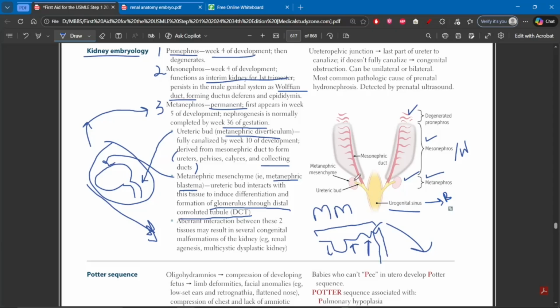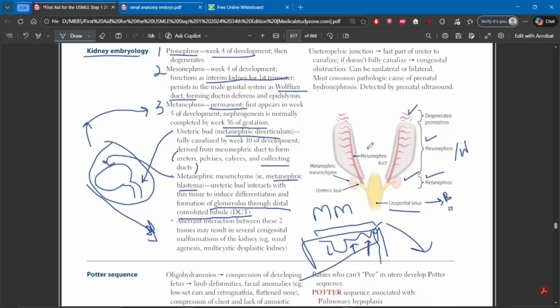So the structure that is coming before, the metanephric mesenchyme, will form the structures coming before, such as the glomerulus leading towards the distal convoluted tubule, and the structure that is coming afterwards, going towards the bladder, would form the structures such as the collecting duct and pelvises and calyces. This is an easy way to remember, right?